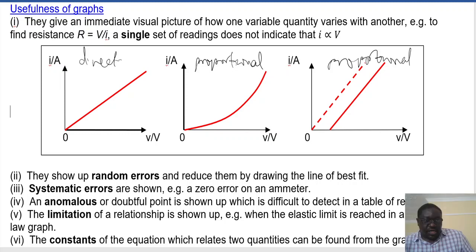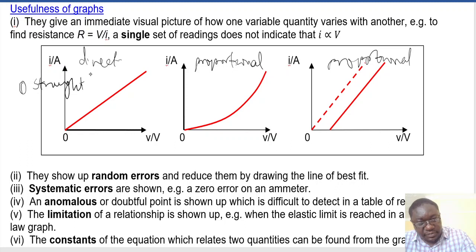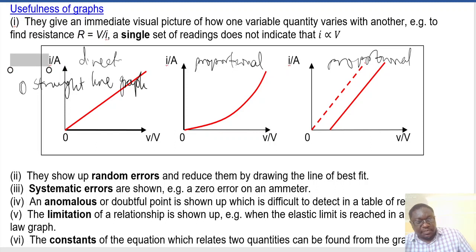Now, there are two conditions for direct proportionality. The first condition is a straight line graph must be obtained. The second condition is the graph passes through the origin.